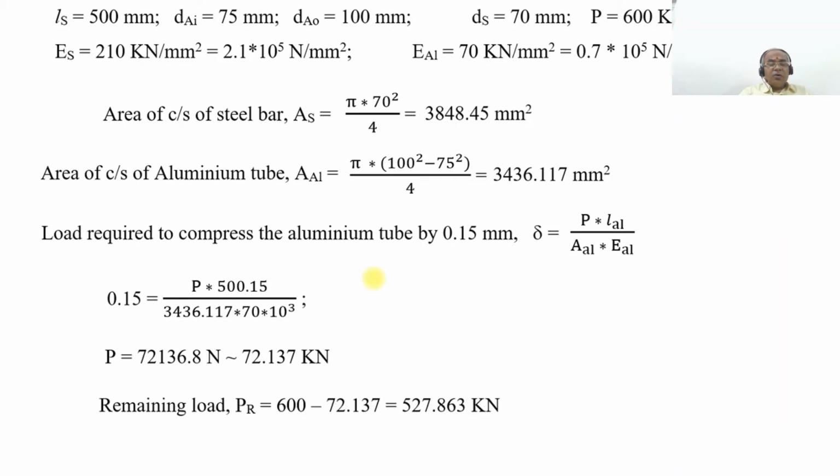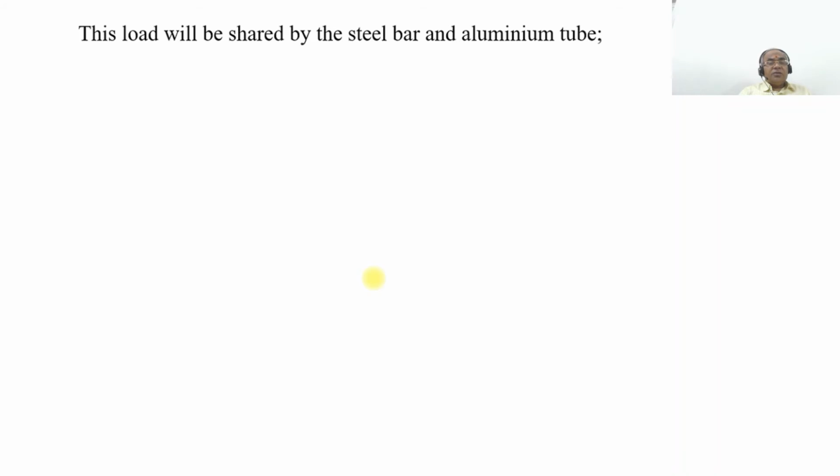So what is the remaining load? The remaining load PR is 600 minus 72.137, which is 527.863 kN. This load will be shared by both the steel and the aluminium tube.